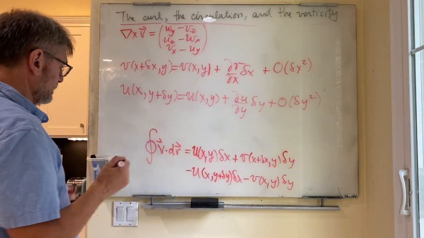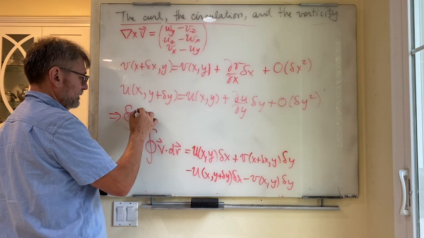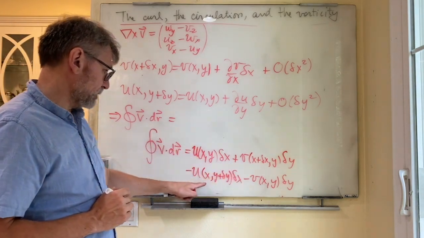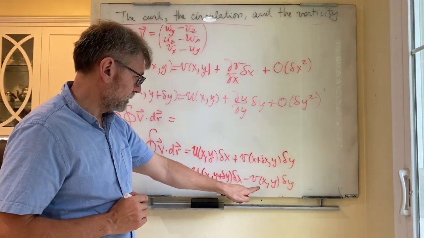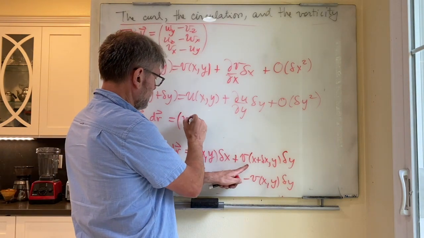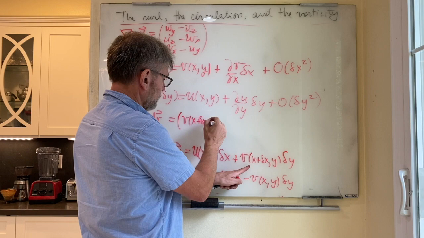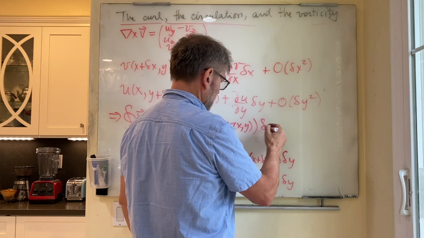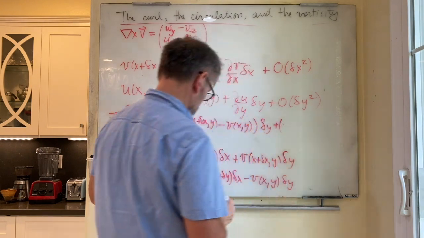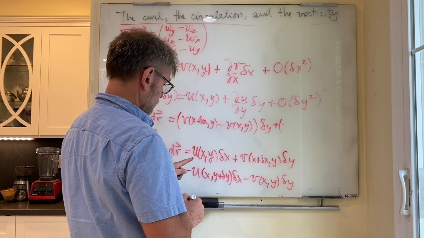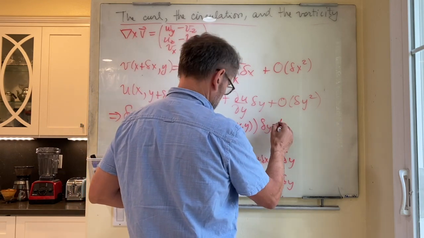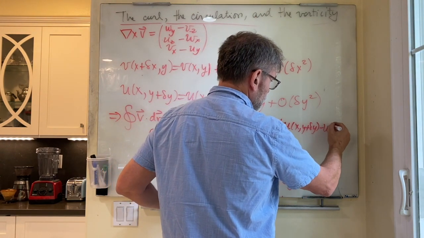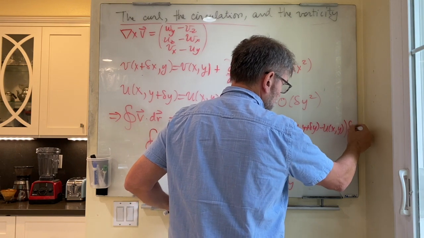And so what I get is the loop integral of v dr is equal to, now if I combine these two first together, these two together, what I get is v at x plus delta x, y minus v at xy, all multiplied by delta y, minus u at x, y plus delta y minus u at xy, all times delta x.